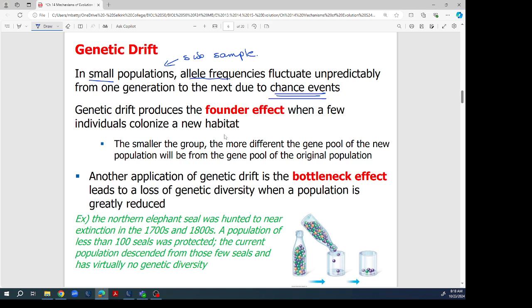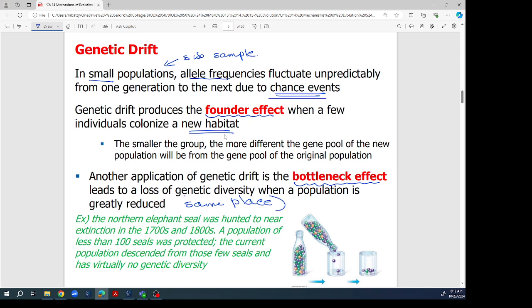So this is beyond natural selection. There's two examples here. There could be a founder effect. So that's when just a few individuals colonize a new habitat, or we could have a bottleneck effect. So this is when there's a loss of diversity when a population is greatly reduced. And so this is going to a new place, and this is in the same place.